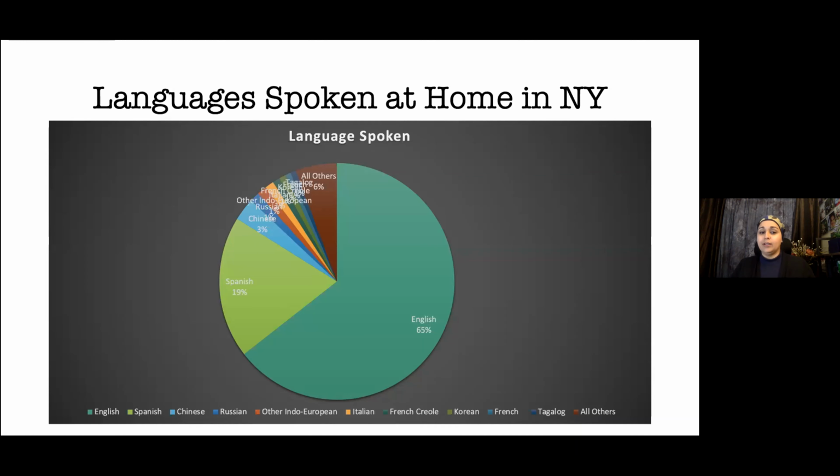You're right over the bridge, but about 5 of the top 10 are different. For example, Arabic is in the top 10 in New Jersey and is not in New York. It's actually number 14. So even somebody like me who works between New York and New Jersey a lot, you have to take in those cultural considerations: who are the populations that you might be most exposed to in certain areas.